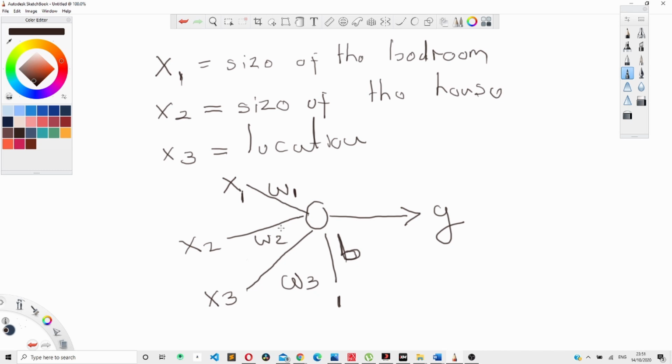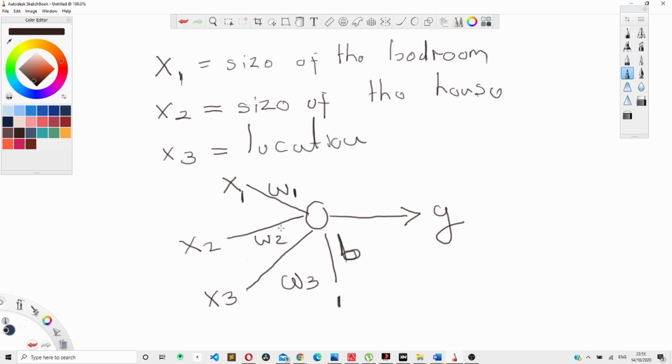The value of the weights changes, right? In further videos, I'm going to explain how those values are changed. So the weights are calibrated so that the neural network adapts, and as time goes on, the neural network will start predicting the price of the houses accurately. So that's what the weights are for.